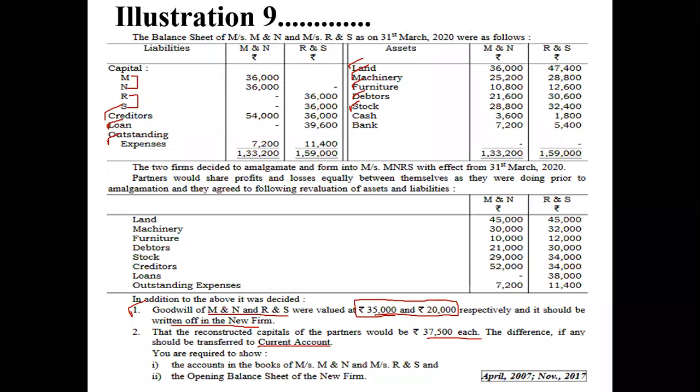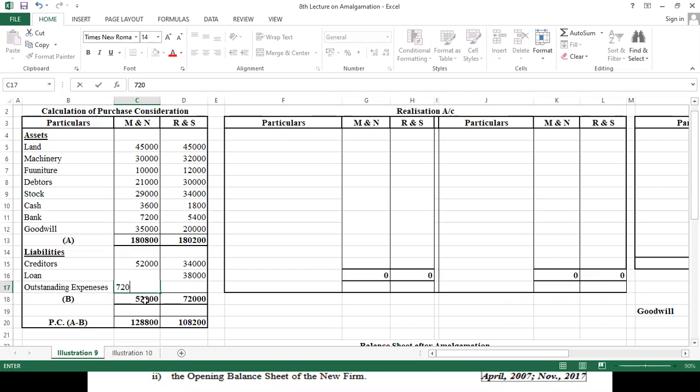Outstanding 7,200 and 11,400. So now we also got the total of external liability, which is denoted by B. Therefore, my purchase consideration equals A minus B: 1,21,600 for M and N, whereas 96,800 for RS.